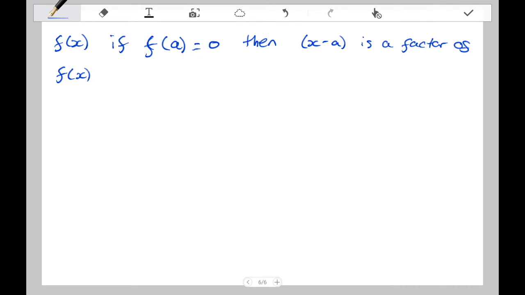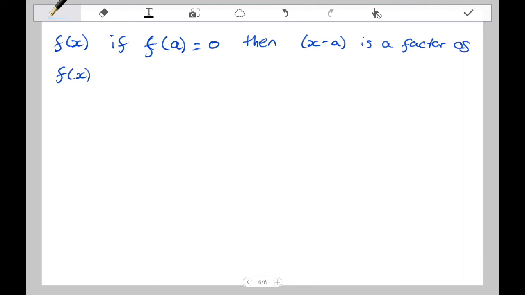Okay, so I'll say that again. If we've got some polynomial, which is just some equation with powers of x in it, and f of a, where a is a number, is equal to 0, then x minus a is a factor of f of x.